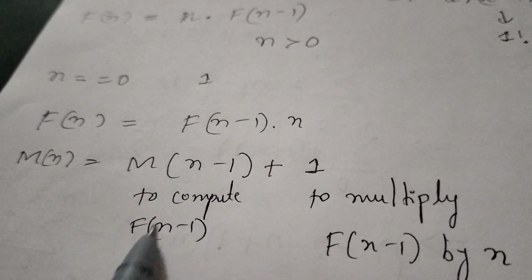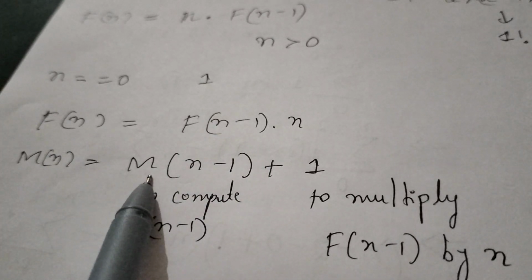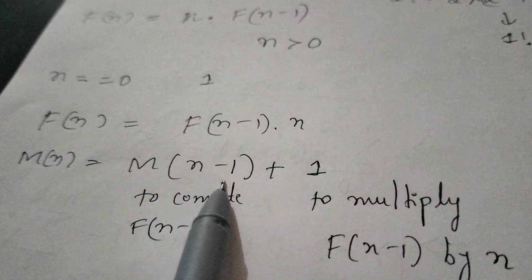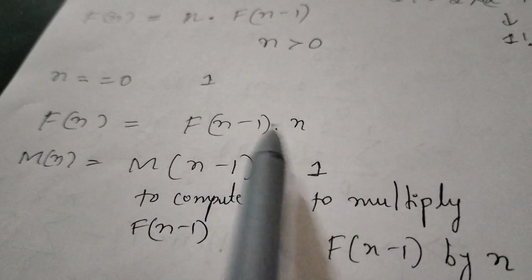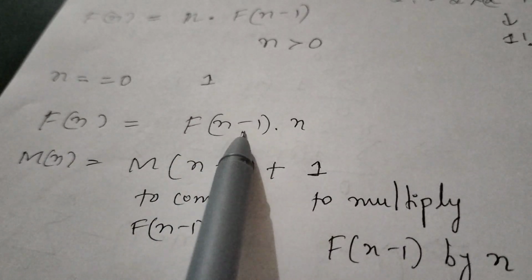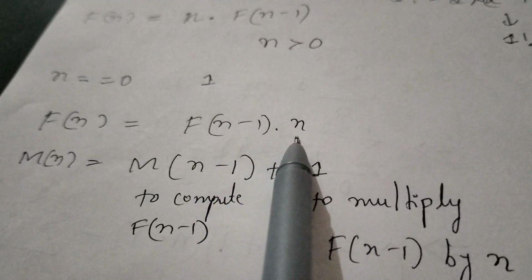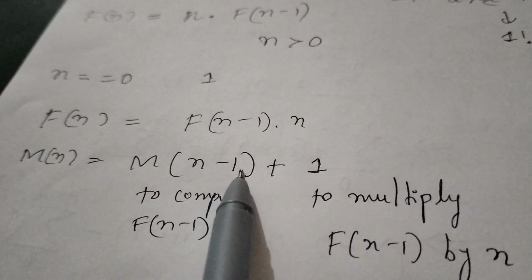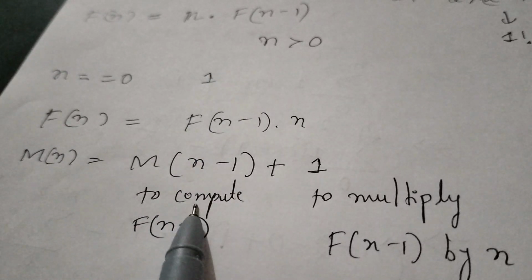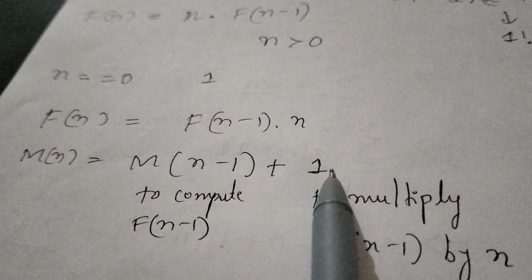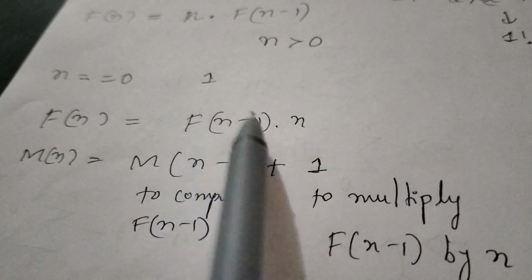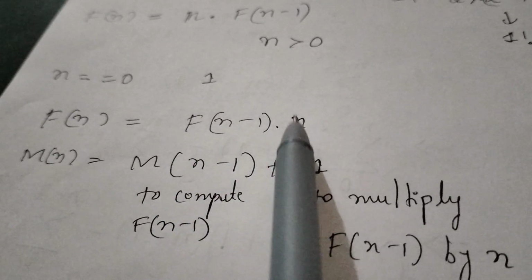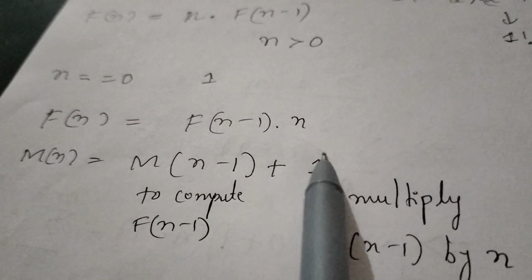To compute f of n minus 1, I have written m of n minus 1, and the plus 1 specifies that f of n minus 1 is going to be multiplied with n only one time. That's why we have put 1 here.